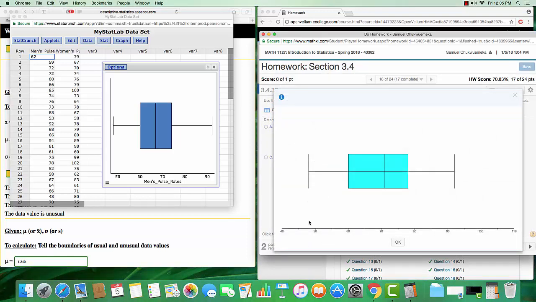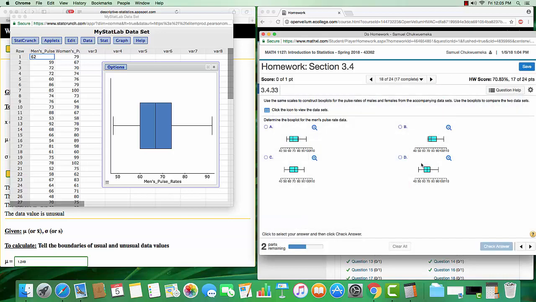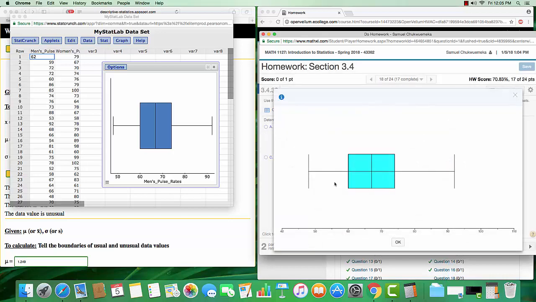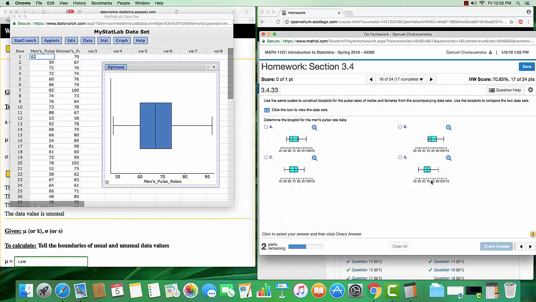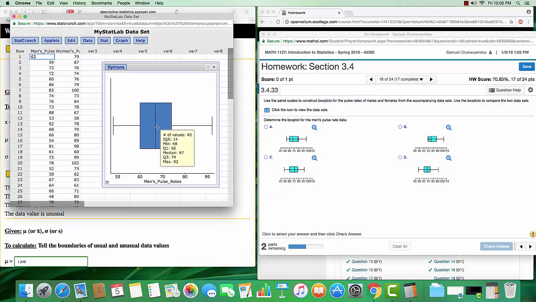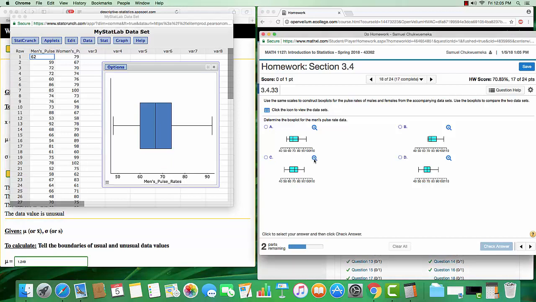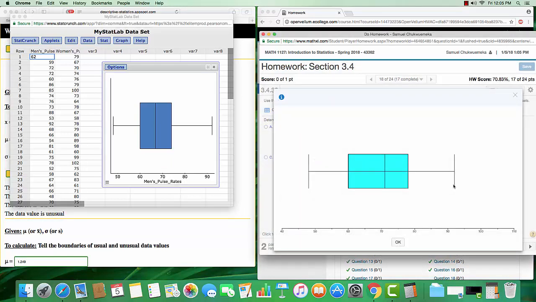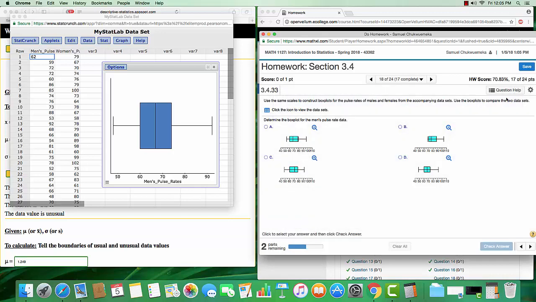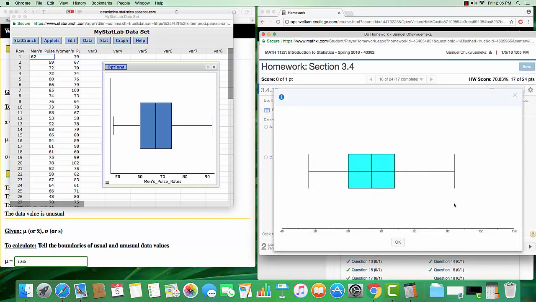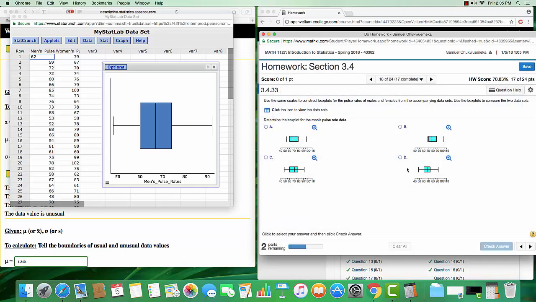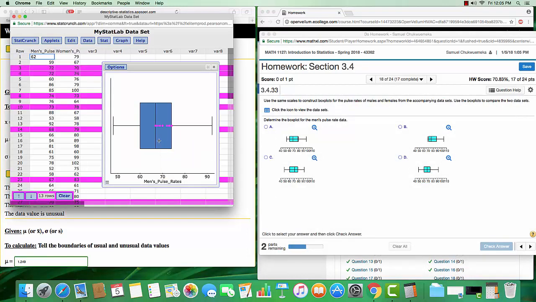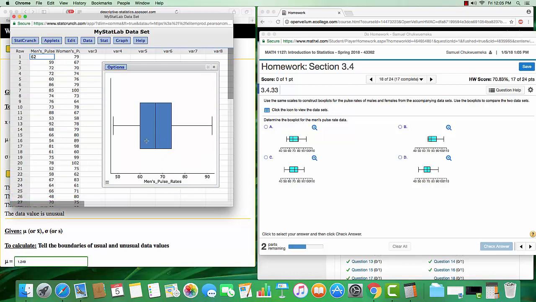C, minimum is 48. C is okay. D is okay. Now the maximum is 92. So C, 92, C is okay. D is okay, 92. The median is 67.